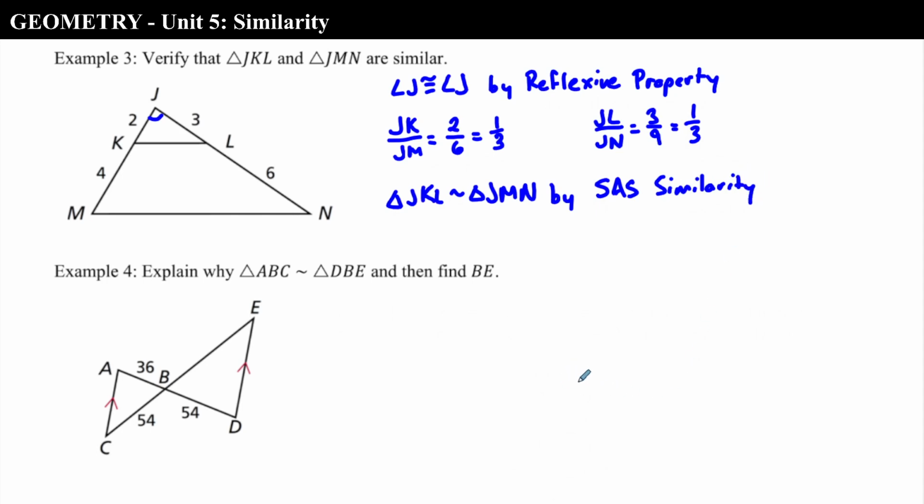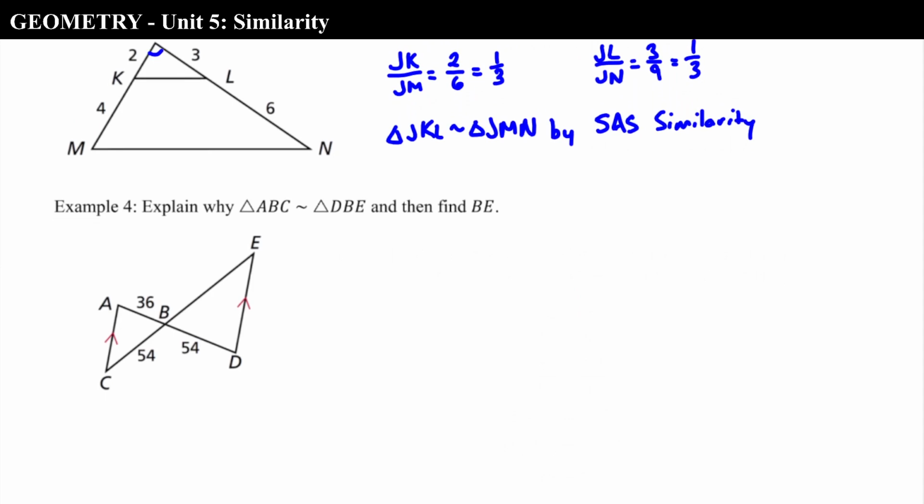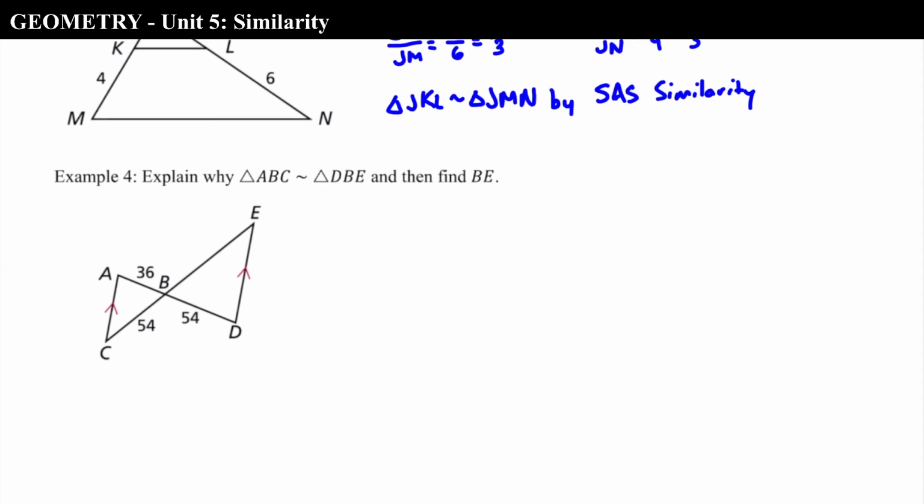All right, now let's do example 4. We're going to explain why ABC is similar to DBE, and then we're going to find the length of BE. So first we're just showing why these are similar. So let's see what we have. We have vertical angles. That's always an easy one to spot. Vertical angles are congruent. And if you notice, this looks like the example we did earlier.